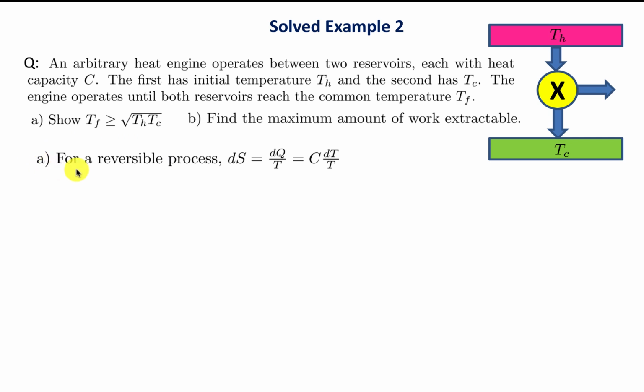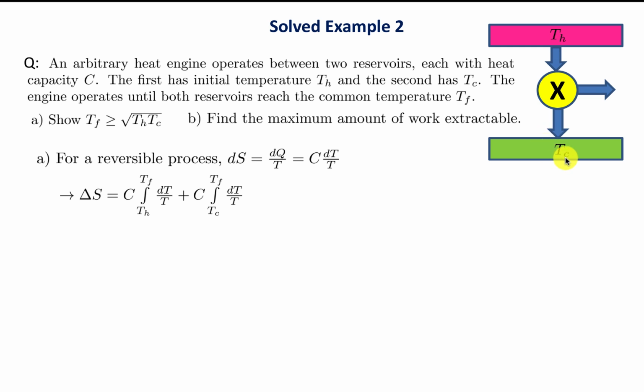Well, let's begin by remembering that for a reversible process, dS and delta S are indistinguishable and dS is simply dQ divided by T. Now dQ is simply C times dT, and so dS is equal to this. This is for the infinitesimal amount of heat that has flowed. To find the finite change in entropy, we must simply integrate from the initial temperature, which for the upper reservoir is TH, to the final temperature, which is common to both reservoirs, and do the same for this one.